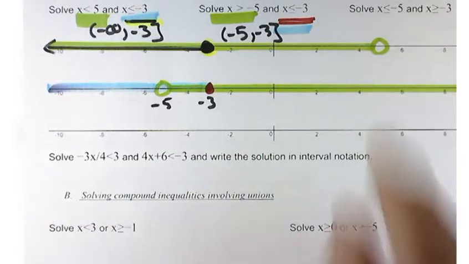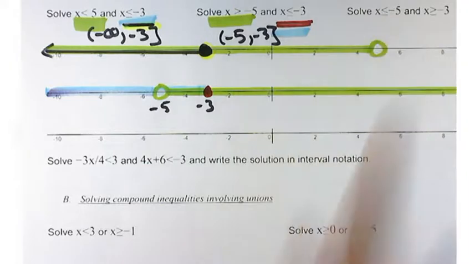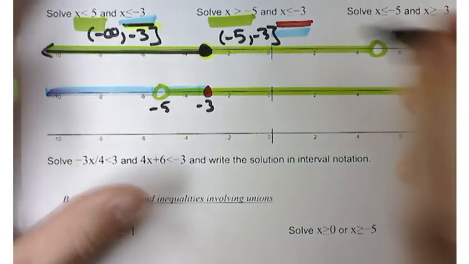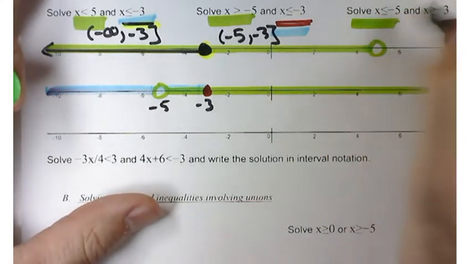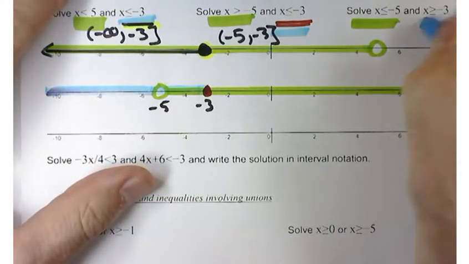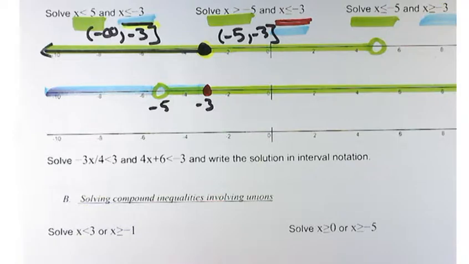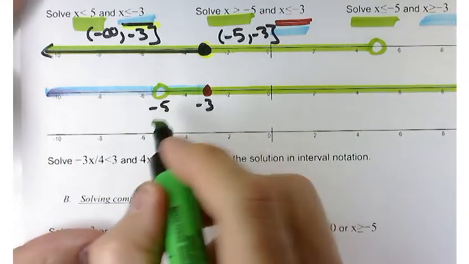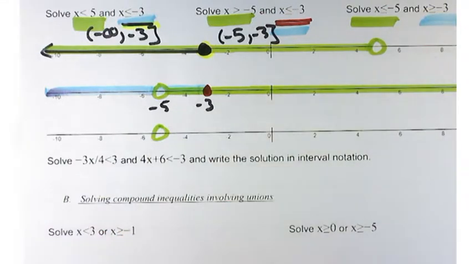There's one more case that we're going to look at with these two numbers. So this last one, again, x is less than or equal to -5, we'll do with green. And then x is greater than or equal to -3, I'll do in blue. So let's see, -5 is here.